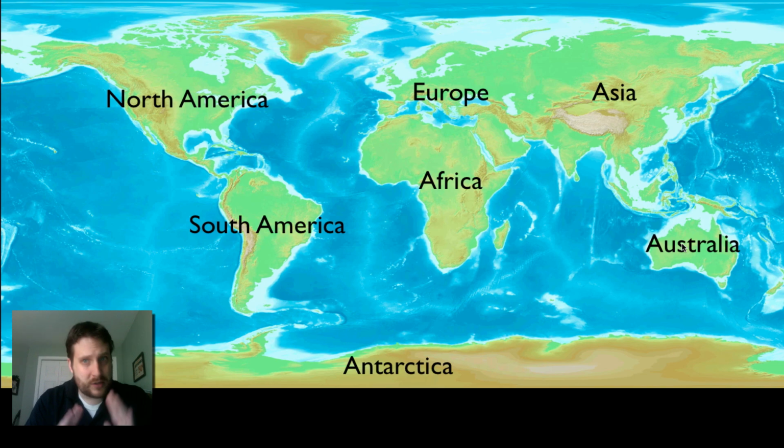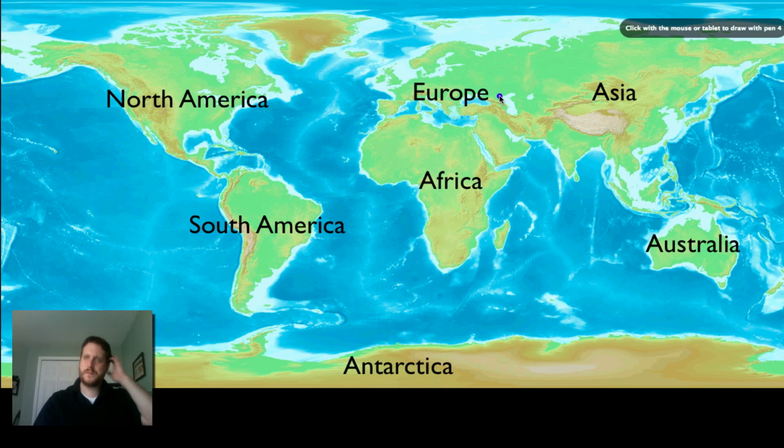And those are fine, but I wanted to talk about a couple other regions that we may talk about this year, and especially in regards to Europe and Asia. I want you to think to yourself, what is the definition you know of a continent? Well, if you said it was a large landmass, almost completely surrounded by water, you're right.